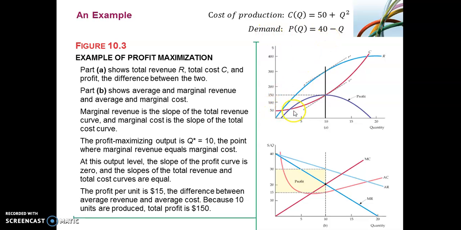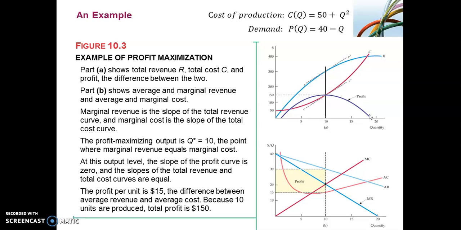Then you've got your cost curve, which is plotted based on this cost of production. And your profit function would be derived algebraically by saying your total revenue minus your total cost, and that would yield a function that you could use to plot your profit. Although we don't have it here, you could do that.